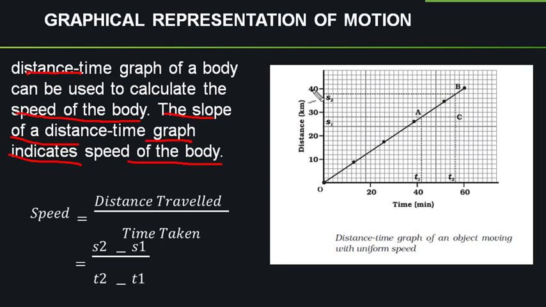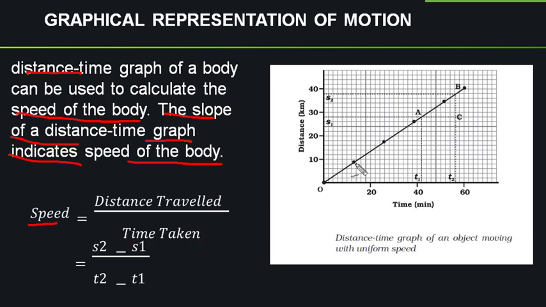If you are given a distance-time graph like this, then in a distance-time graph the speed is basically the slope of this line. Now what you have learned, speed is basically the distance traveled by time taken. Remember, in the last class you learned speed is equal to distance traveled divided by time taken.